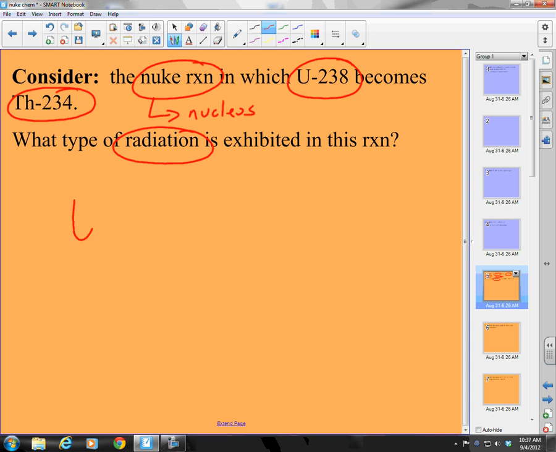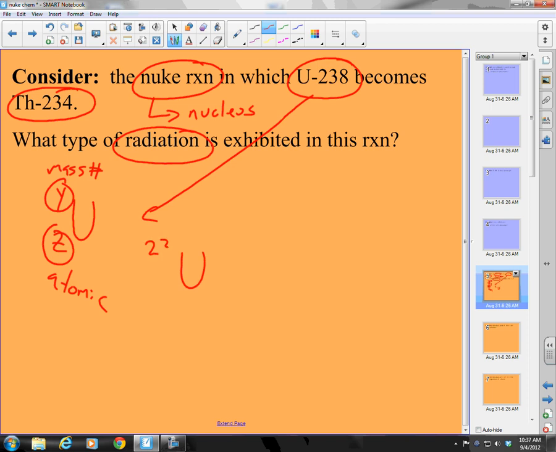We start with uranium-238. Now I'm going to write this in our old form of symbol, where Z is my atomic number and Y is my mass number. So let's rewrite this uranium-238 in that form. I look in the periodic table and I say U is 92. That's my atomic number.